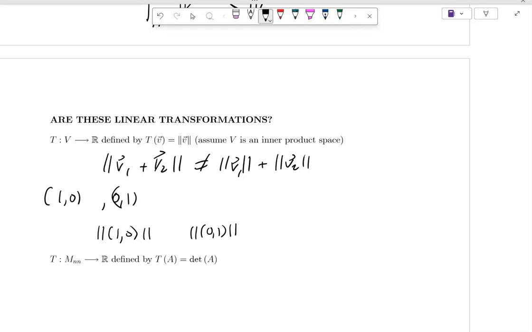What's the magnitude of each of those? 1, good. What's the magnitude of 1, 1, which would be the sum of those two vectors? Root 2, right? Is this plus this equal to that? No. Okay. Some vectors work. Most of them don't. So they're not equal to each other. So that's not true in general. All right.